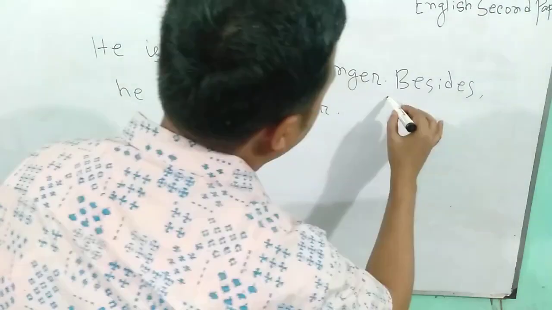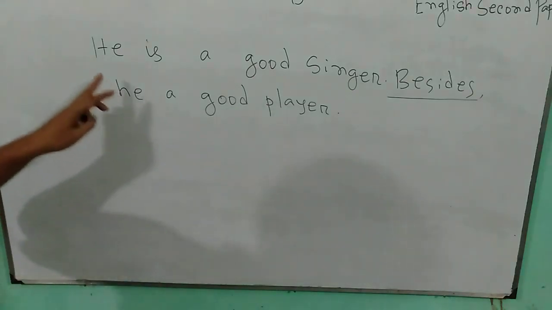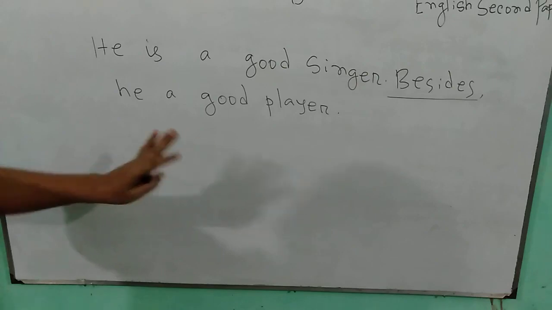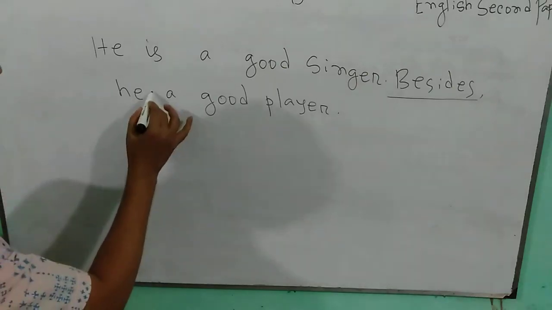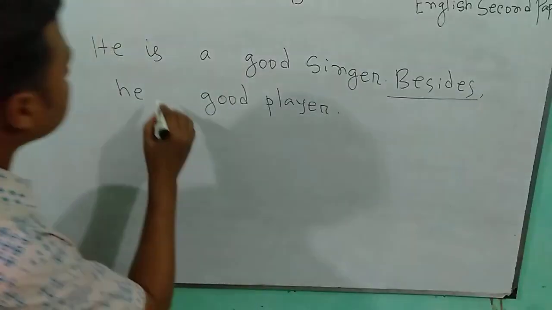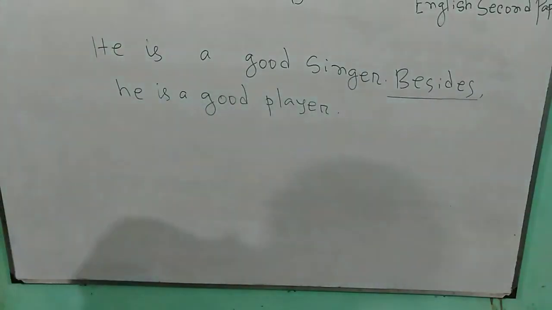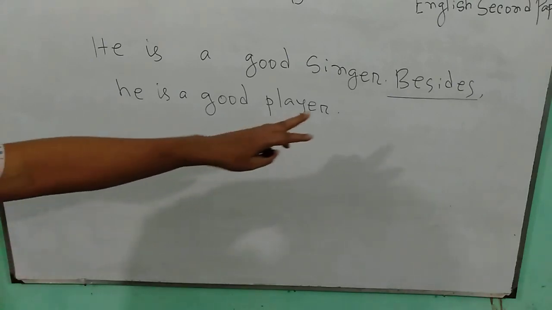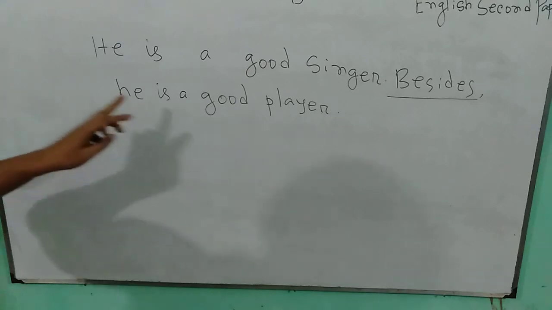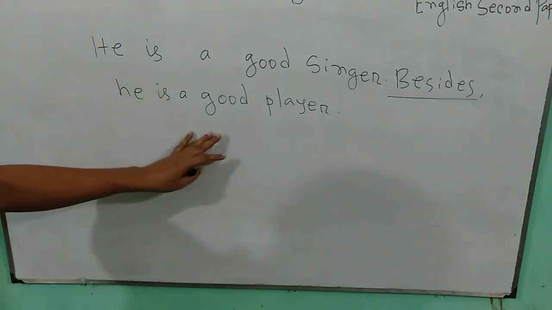Here, besides is a linking word. This besides has connected the idea of the previous sentence and the idea of the subsequent sentence.